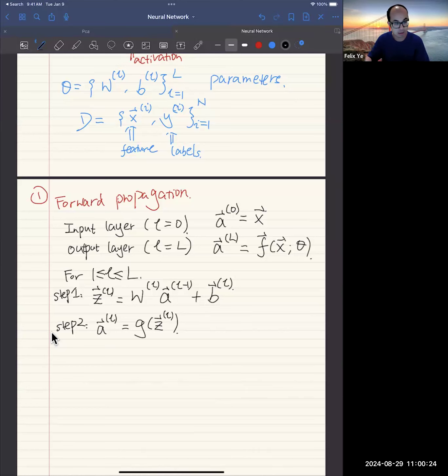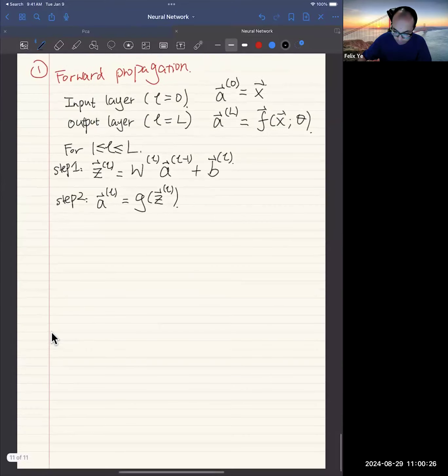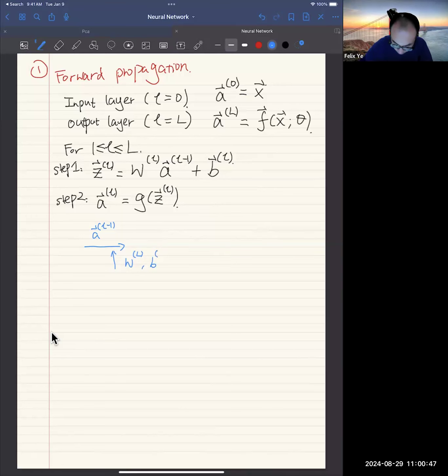So we can write everything in a compressed, shorthand version: we have A L minus 1 as a vector here, and I'm going to plug in the information of WL and BL, which are the parameters.